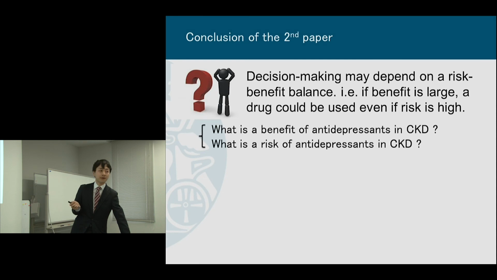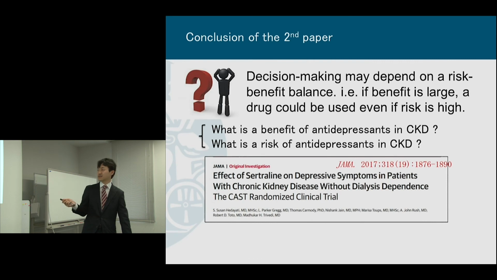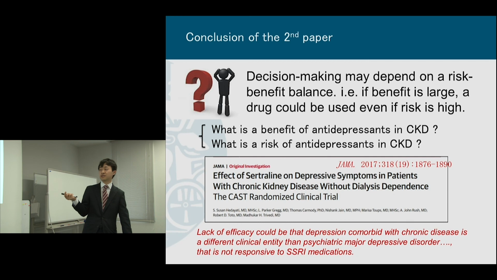You may remember that I split my research question into two, benefit and risk, and I focused on the risk side. The benefit side may be more suitable to be assessed by a clinical trial or RCT. And by chance, during my PhD, one big randomized controlled trial was published for patients with pre-dialysis CKD, the same study population as mine.